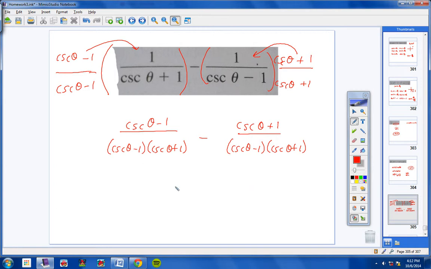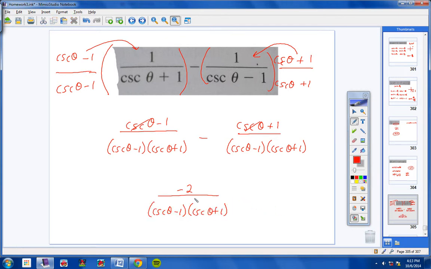Now, the whole reason I got a common denominator was to put my two fractions together, right? So, now watch this carefully, students, okay? I have cosecant theta minus 1 minus cosecant theta plus 1. So, really what I have is minus cosecant, cosecant minus cosecant, so they cancel. And then negative 1 minus 1, it's a negative 2. So I have negative 2 over this right here, okay?